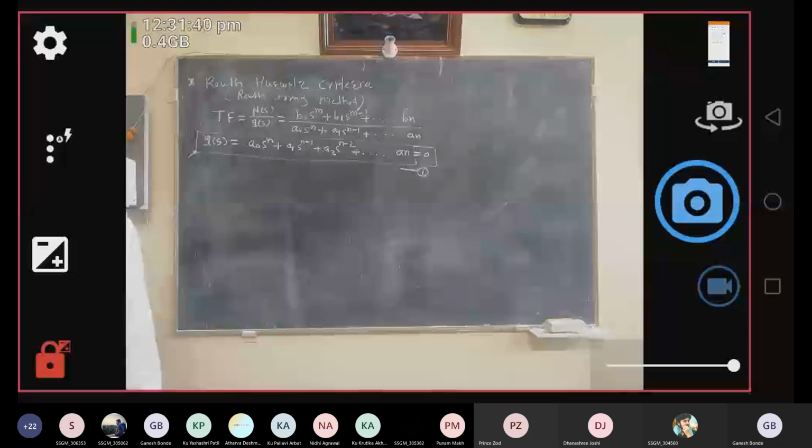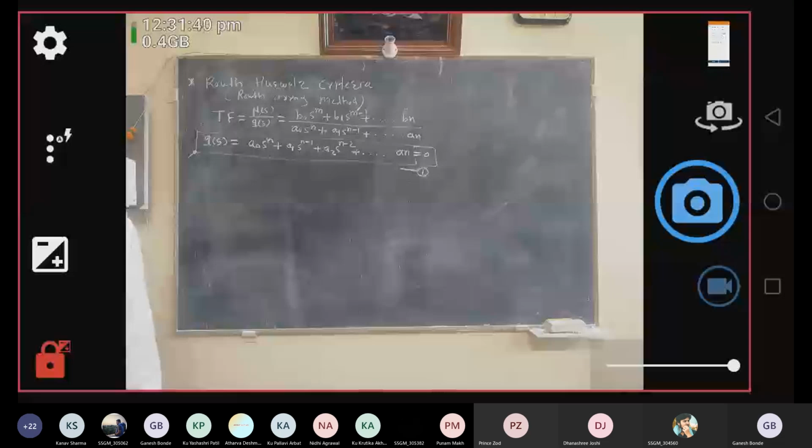Okay, so in general we are going to prepare the Routh array, and how to complete it, that we are going to see. Here the order of the system is nth order. We are taking any arbitrary order system. Let's say the highest power of s is 6.